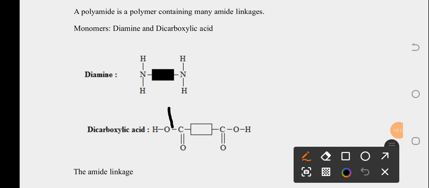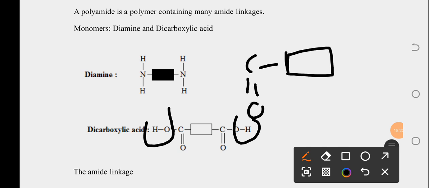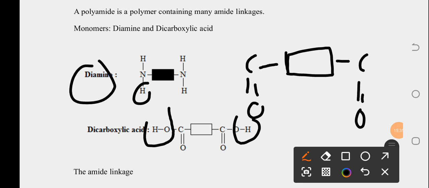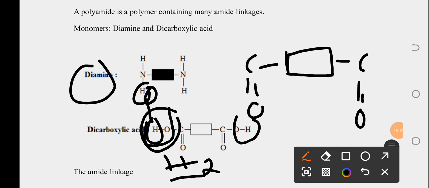If you remove these two, we are going to remain with... okay, so when you combine this H from the diamine with this OH from the carboxylic, we are going to have this water molecule.